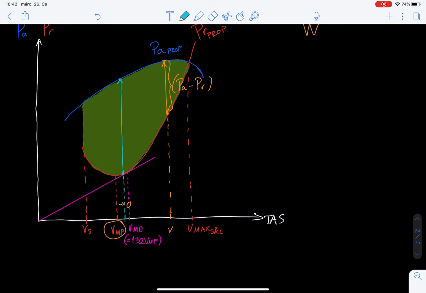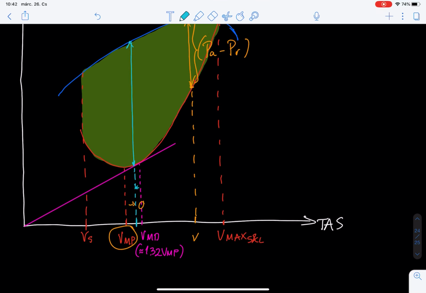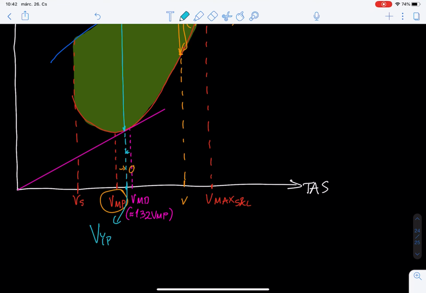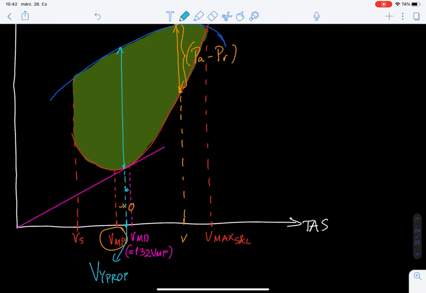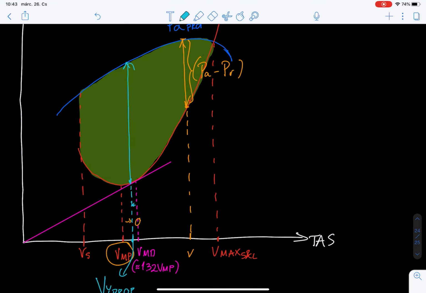So it's between the VMP and the VMD, but it is slower than the VMD, and as altitude increases, even slower and slower. But this would be, yet again, your Vy for the prop, and it's visible that it's going to be slower than the Vy for the jet. And this is going to be your maximum excess power available.